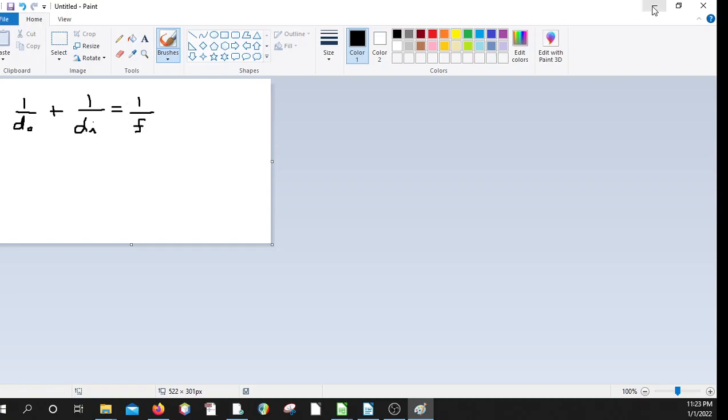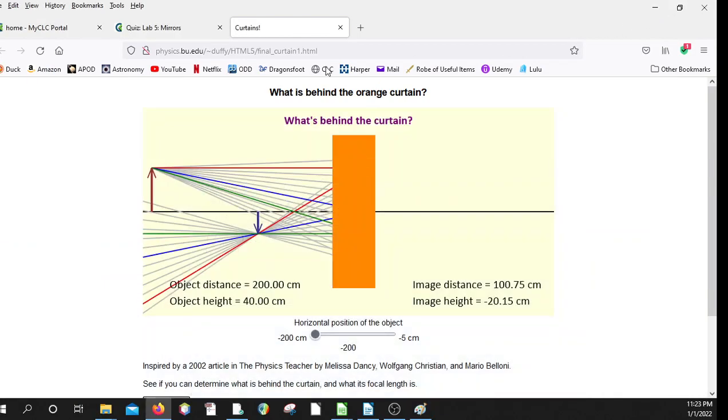We know that equation applies to this mirror. I should say, I'm telling you it applies to this mirror. It doesn't apply to all mirrors, but it does for a spherical mirror, which is what we have.